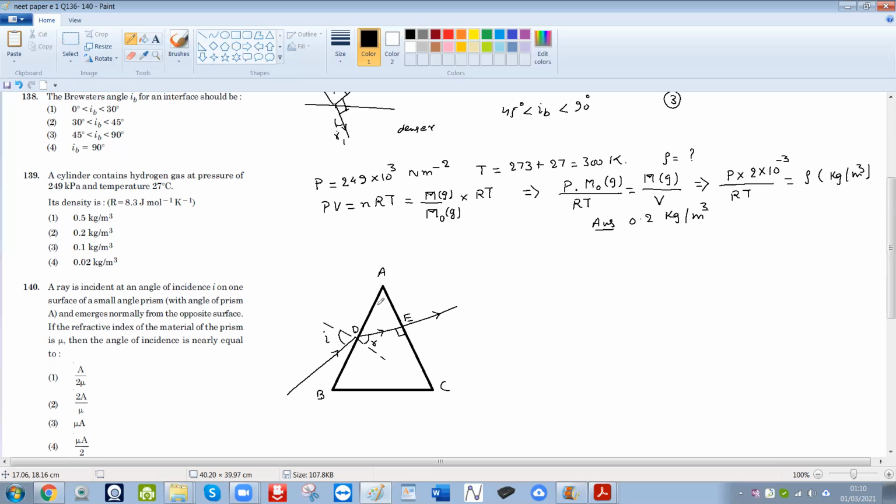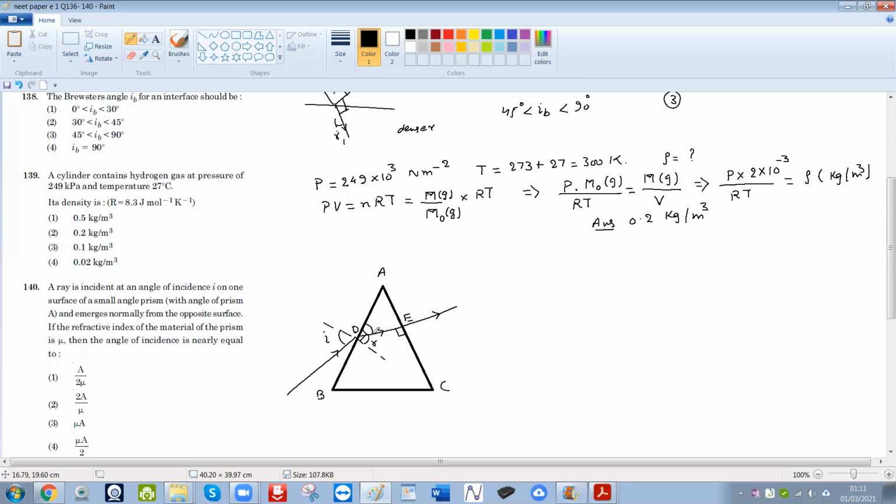From the triangle ADE, we can easily identify that angle R will be same as angle A, because this angle is 90 degree and this angle is also 90 degree.